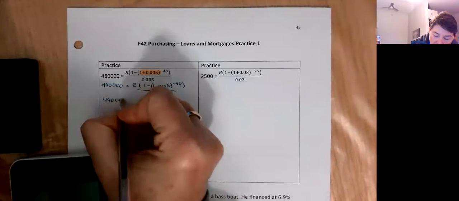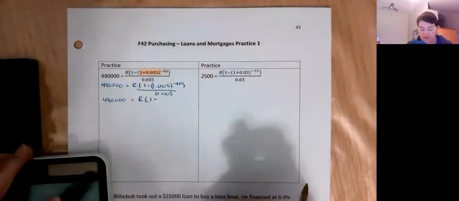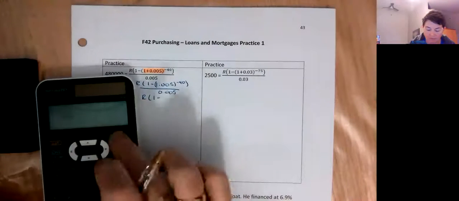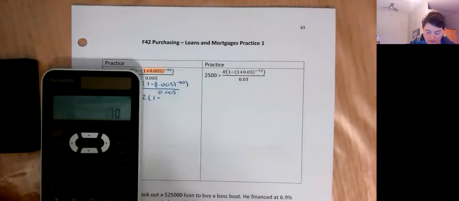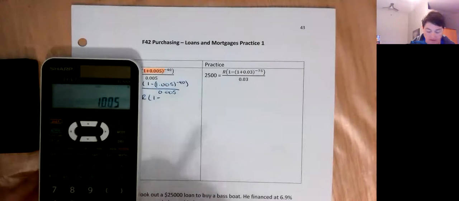480,000 is equal to R times 1 minus. Okay, here comes the magic. 1.005. And let's see, on this calculator, it's the Y to the X button, which still gives us that caret. And I got to go minus 40. That's what the key punches are on this specific one.